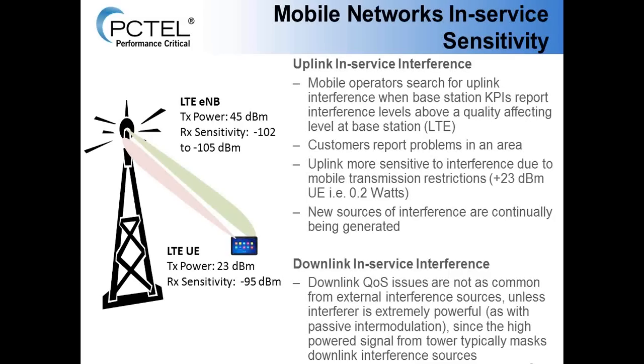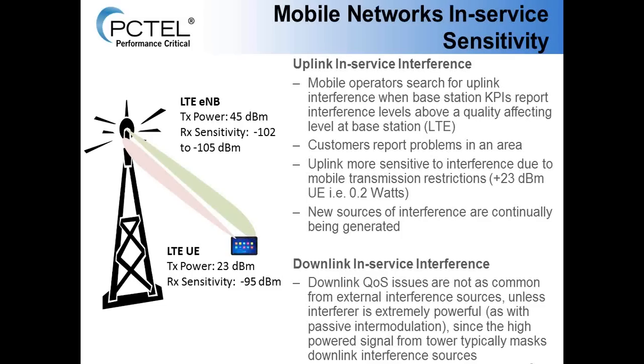So typically an operator looks at the KPIs in the base station and finds out if they have interference above -102 to -105 in that sector, or they may have a customer reporting a problem in an area, and then they'll go out with a technician to search for that interferer and find out where it is.